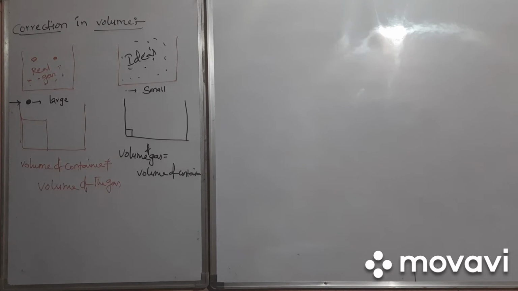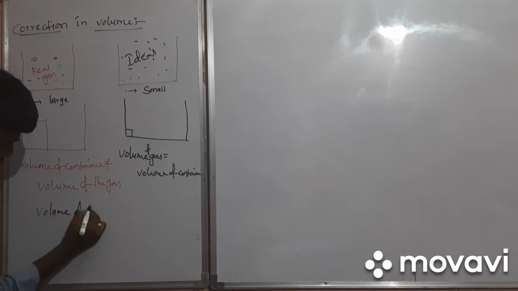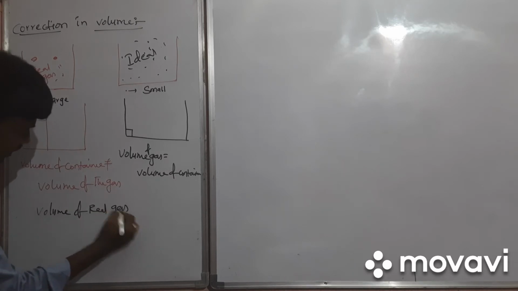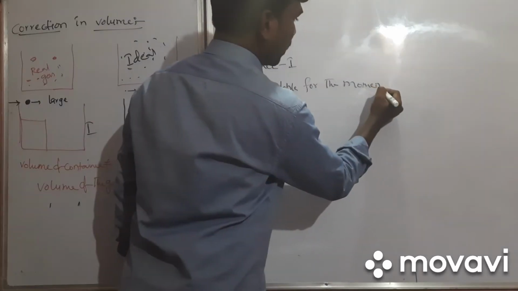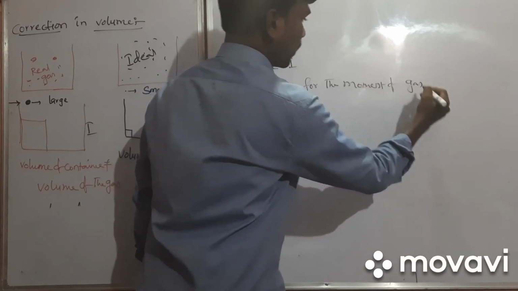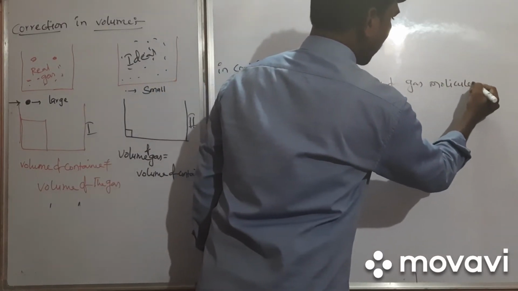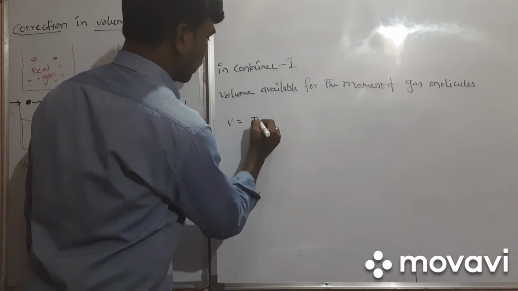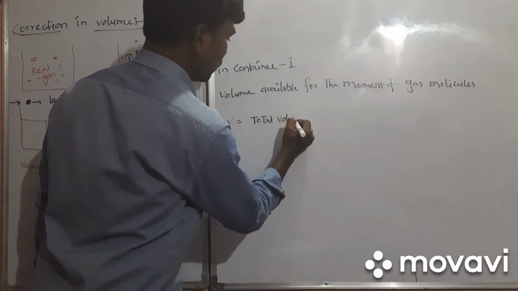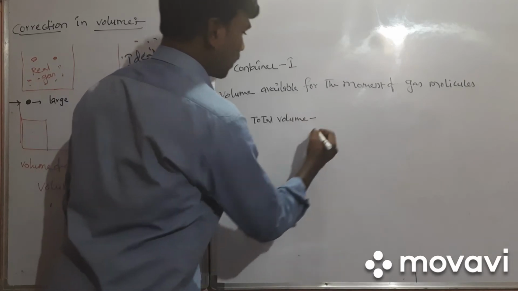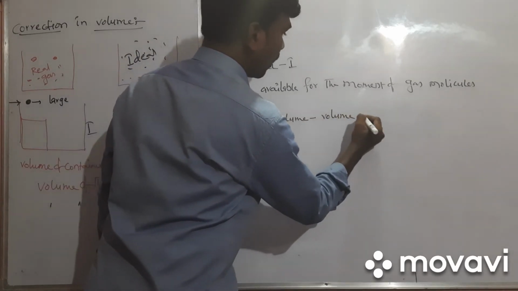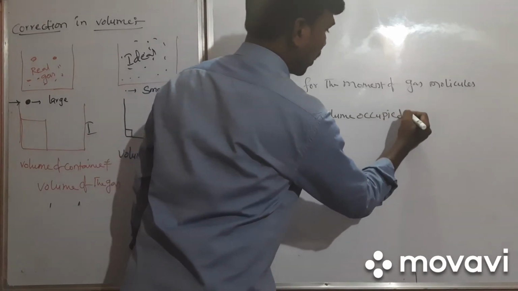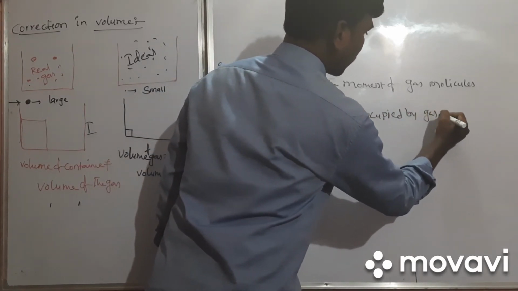So in this case, the volume of real gas, meaning the volume available for the movement of gas molecules, V is equal to the total volume of the container minus the volume occupied by gas molecules.